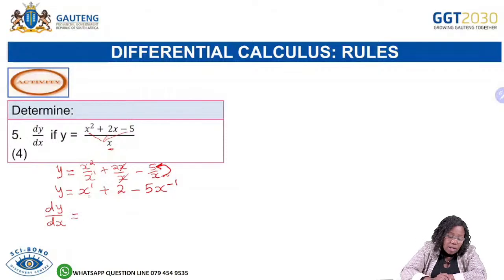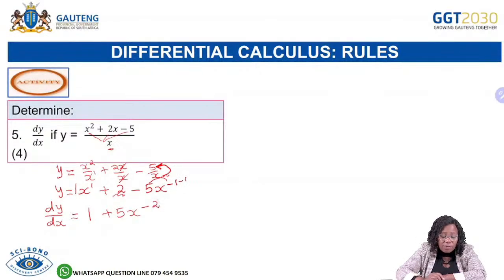Okay. And then now, remember, if it is x to the power 1, you take the coefficient. Therefore, the derivative of that will be 1. This one, rule number 1, is a constant value. The answer will be 0. And then the last one is minus 1 times minus 5. That is plus 5. Exponent minus 1 will be minus 2.